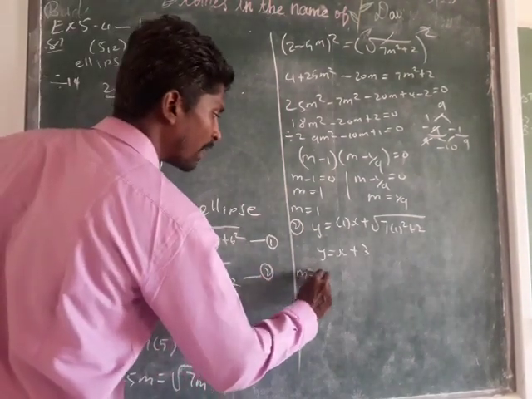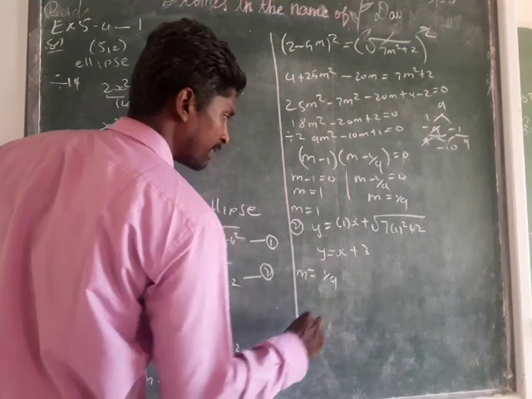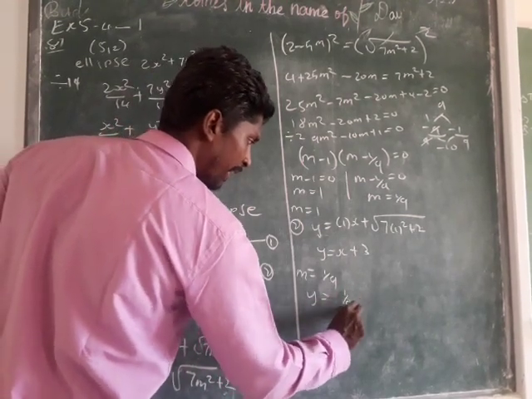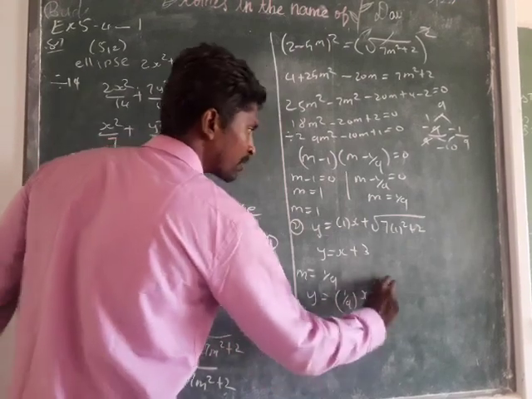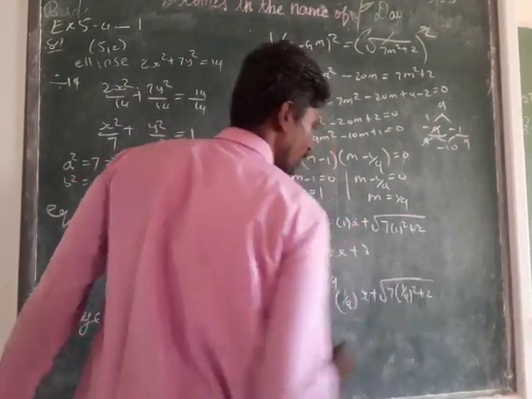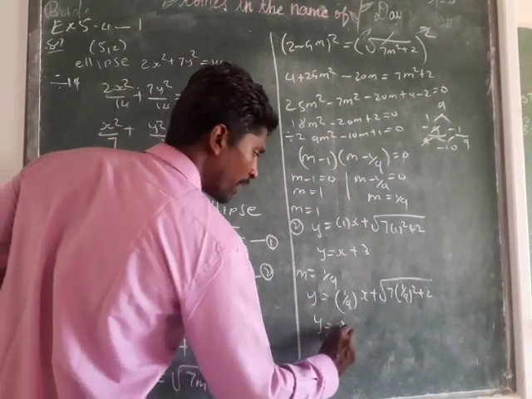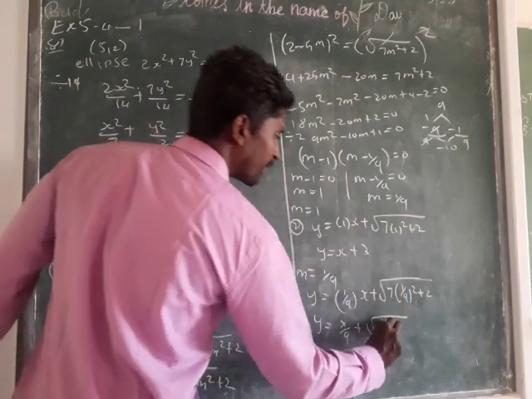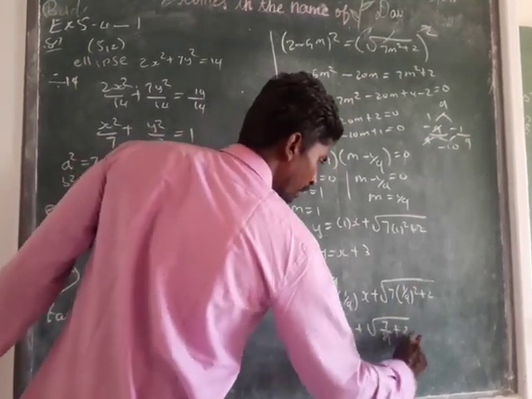Then when m equals 1 by 9, y equals 1 by 9 into x plus square root of 7 into (1 by 9) whole squared plus 2. So y equals x by 9 plus square root of 7 by 81 plus 2.